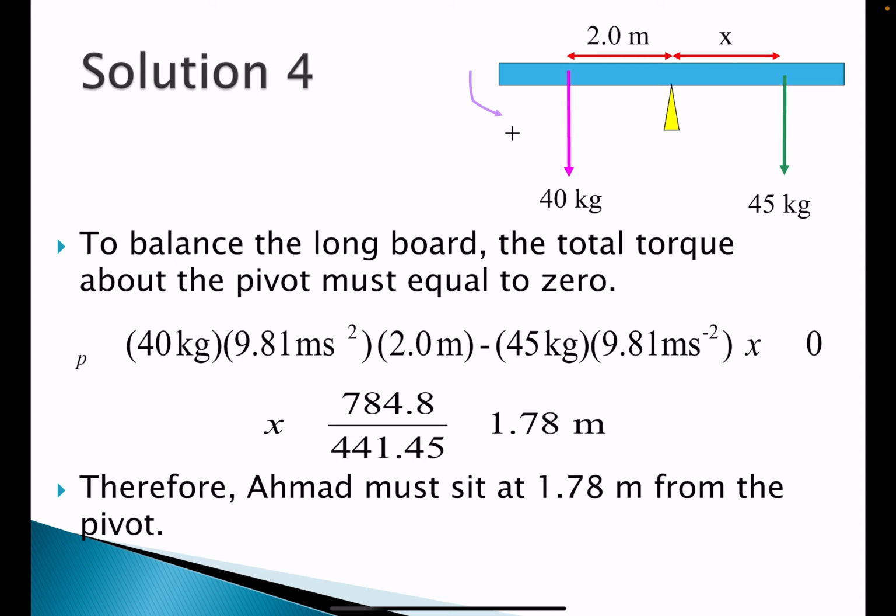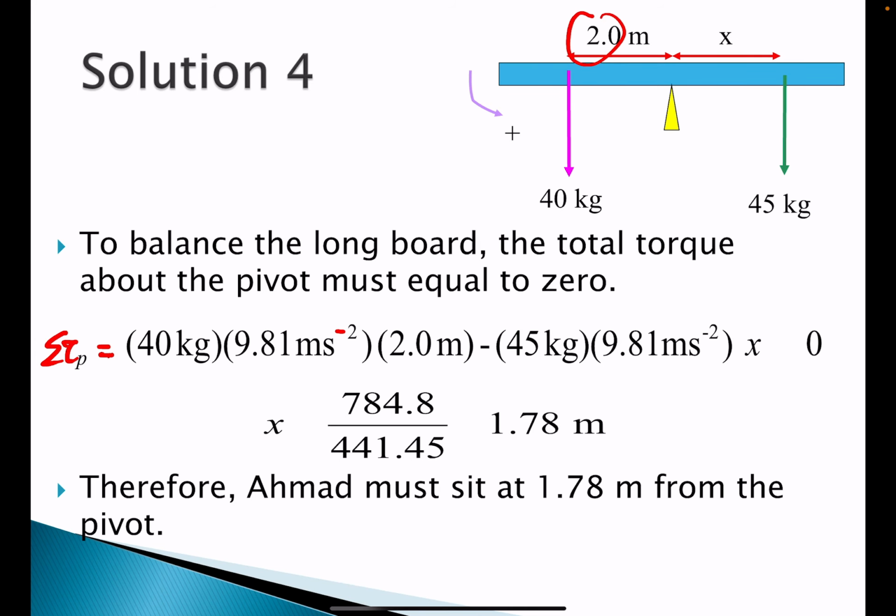So sigma torque about P equals 0, P referring to the pivot: 40 kg times 9.81 meter per second squared, times 2.0 meter, minus 45 kg times 9.81 meter per second squared, times x, equals 0.